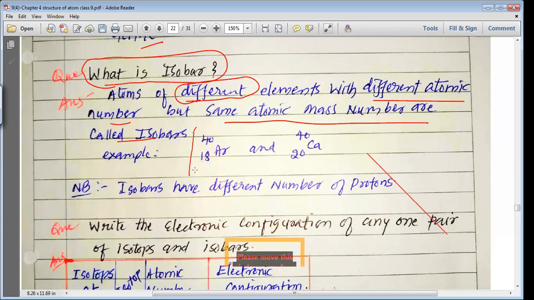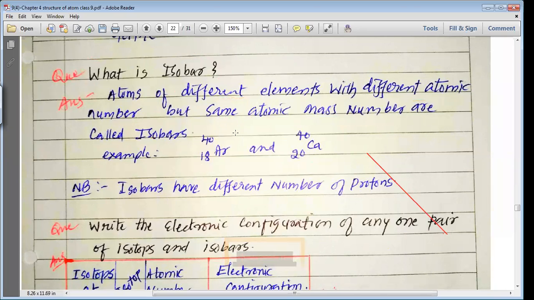We have seen this while we were discussing the first 20 elements. We have seen that argon has atomic number 18 and calcium has atomic number 20, but both argon and calcium have the same atomic mass number. This happens due to the number of neutrons, my dear students, and we can find out the number of neutrons here.